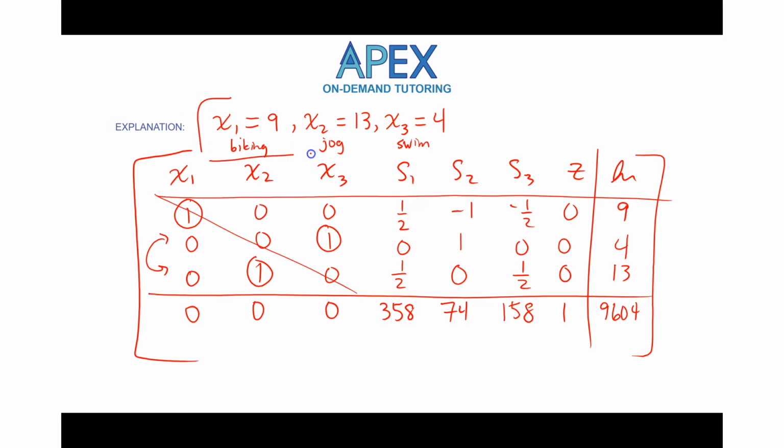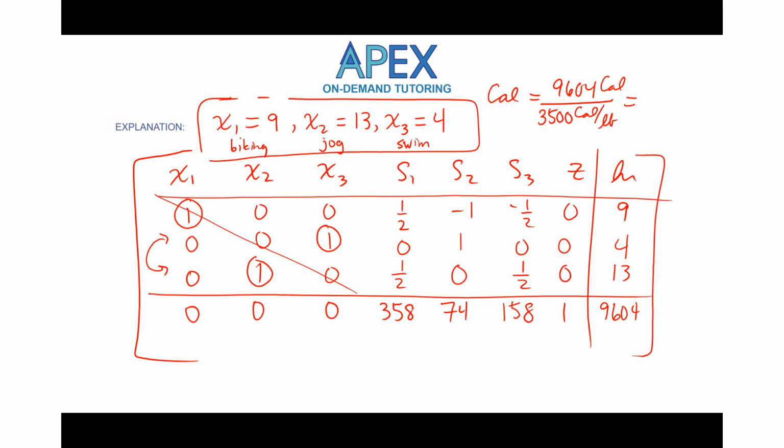You can see that this solution satisfies all of those things, and that means that the number of calories burned is 9,604, and since we're given that we burn 3,500 calories per pound, that means that we're going to get somewhere in the range of about 2.7 pounds per month.